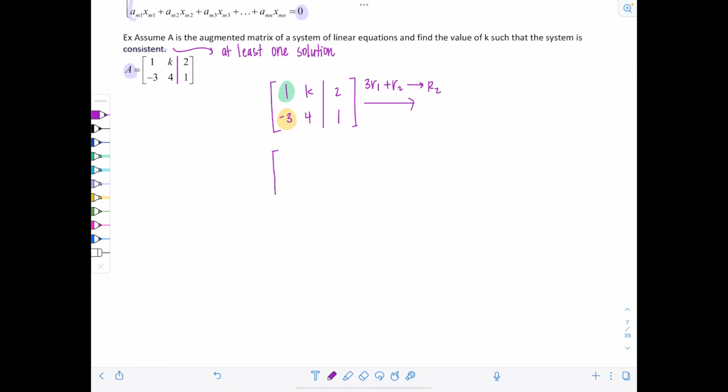Okay, so 3 times row 1 would be 3, 3k, 6, adding it to row 2, which is negative 3, 4, 1, gives us the new row 2, so 0, 3k plus 4, and 7. That's literally what you're going to have for row 2. So 1, k, 2, 0, 3k plus 4, 7.